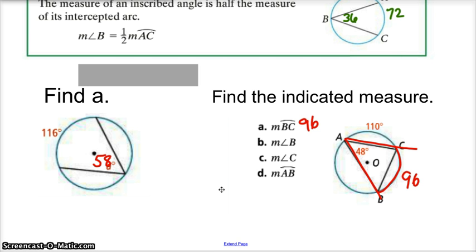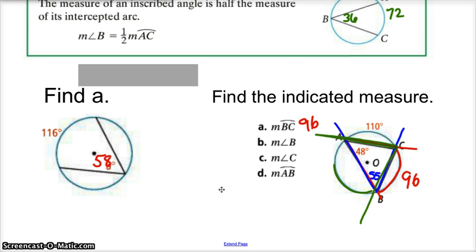Angle B. When angle B is extended, it's corresponding to arc AC, which is labeled 110 degrees. So half of 110 is 55. Angle C, lots of colors here, shoots out this way.